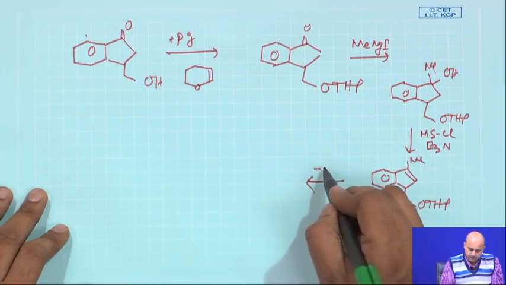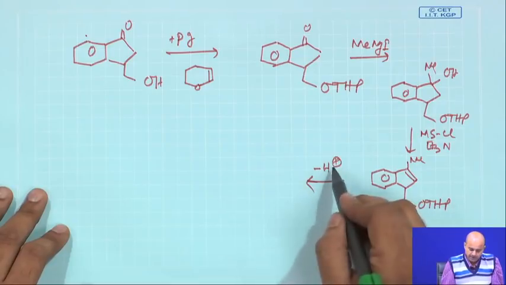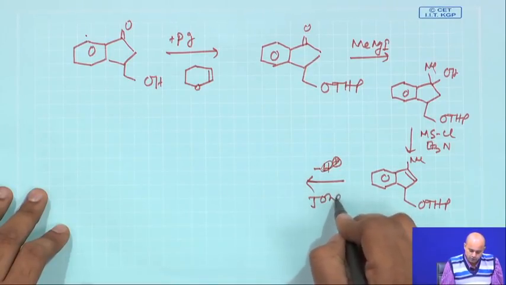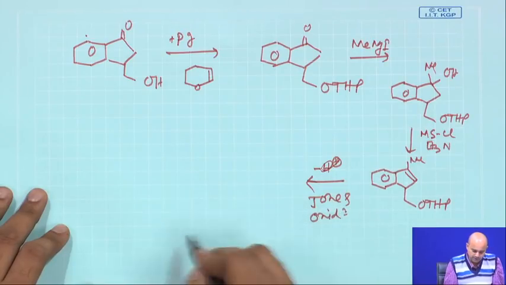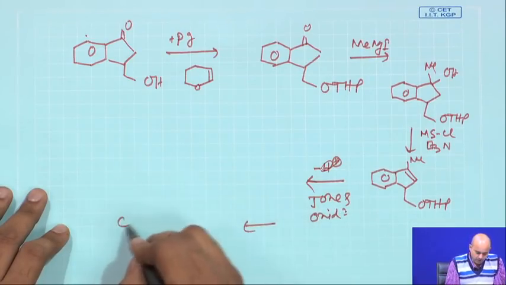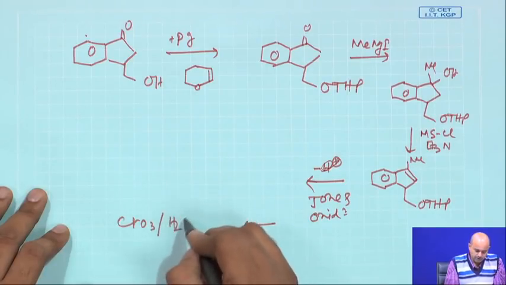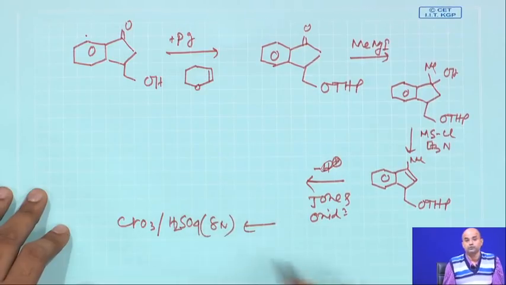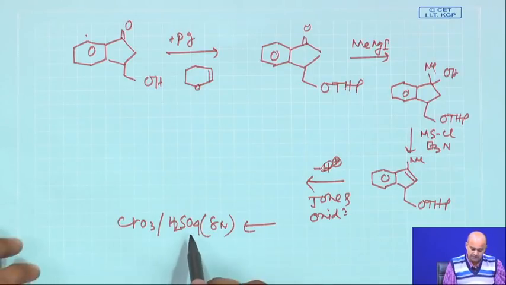Now, you remove the THP group by H plus treatment, but in reality it was done through a condition whose name is Jones oxidation. Jones oxidation is basically a chromium trioxide based oxidizing system, which was used in concentrated sulfuric acid, 8 normal. Now, this is a very strong oxidizing, strongly acidic condition.